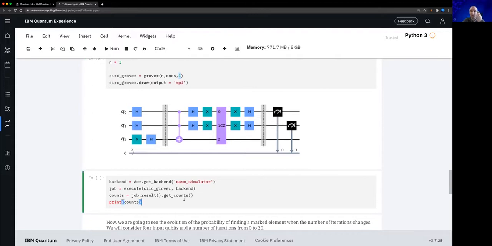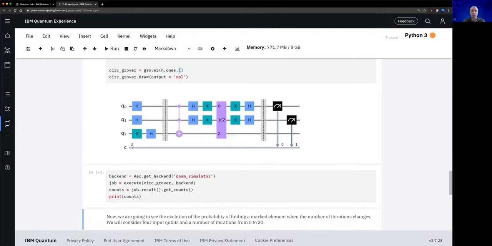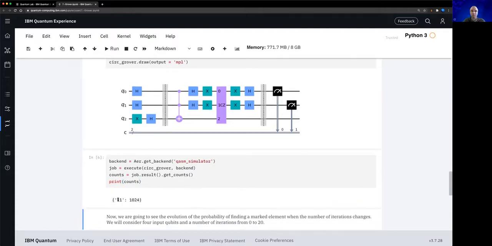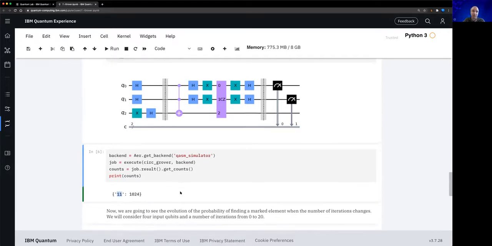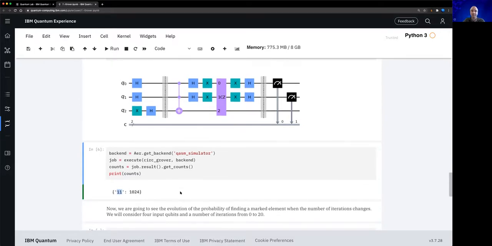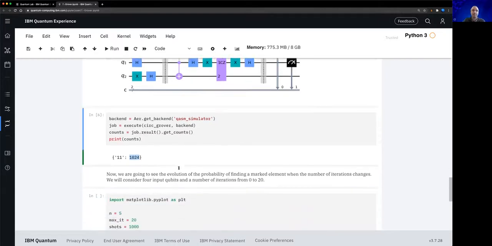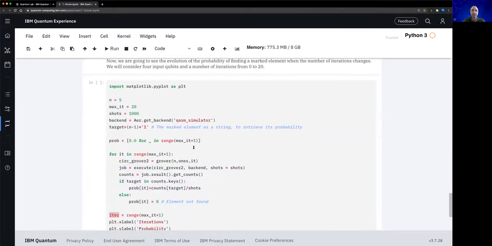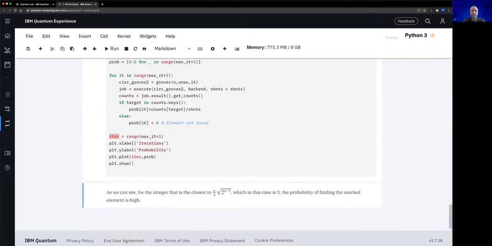So we know that with just one iteration, we are going to obtain the correct result, which is, of course, 1, 1, the only case in which the oracle returns 1. In this case, it is perfectly correct in all the iterations because just one of the 4 elements is marked.